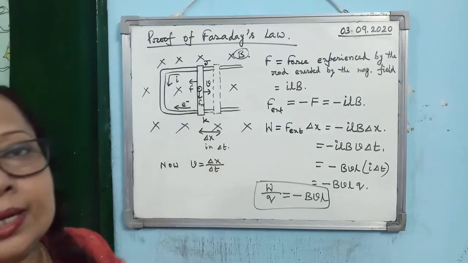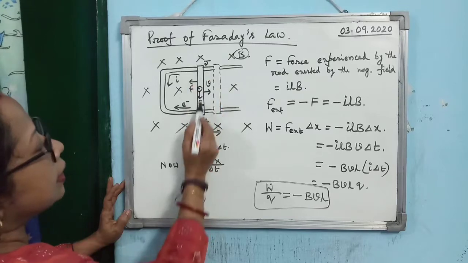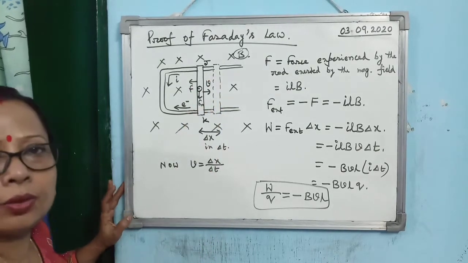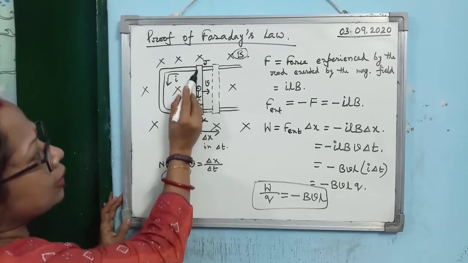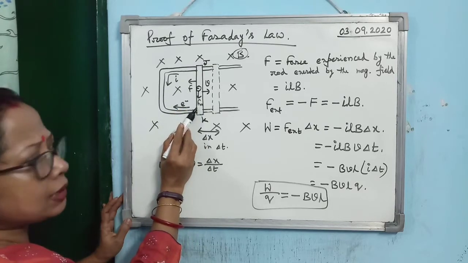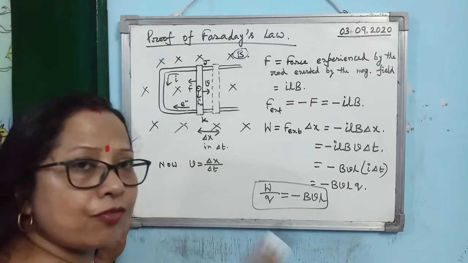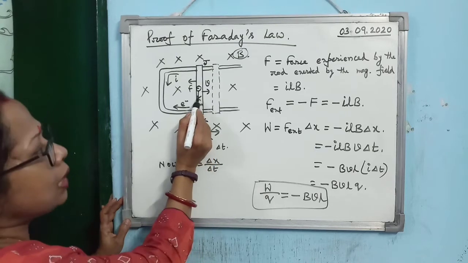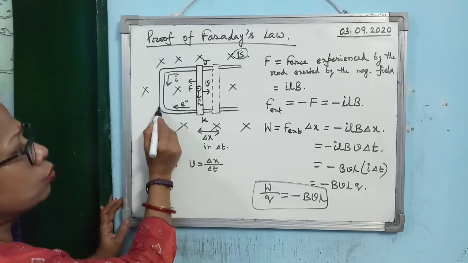Now if you consider the conductor JK moving with the velocity V in this direction, what will happen? The electrons within the conductor JK will experience a force in the downward direction, which is given by eVB. Now, unlike the previous discussion, the electrons will not accumulate here. What will happen to the electrons? After coming here, they will get the path to move out.